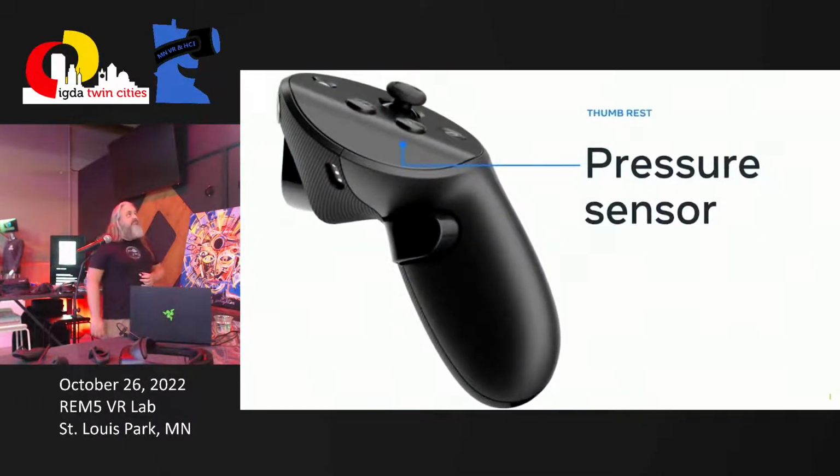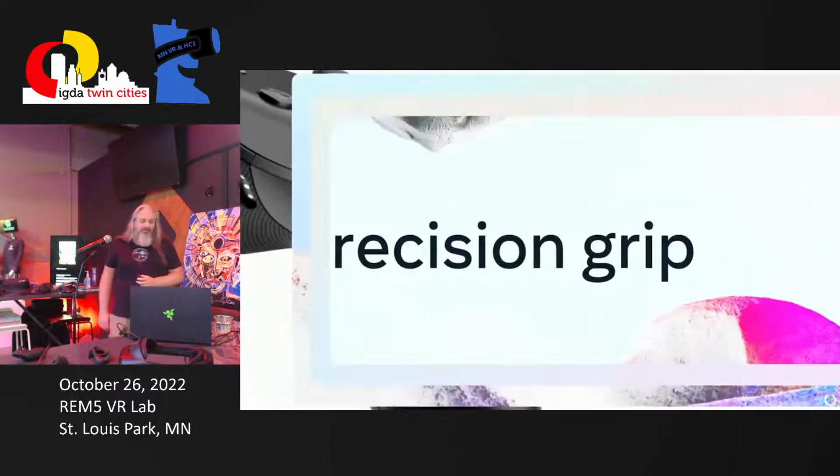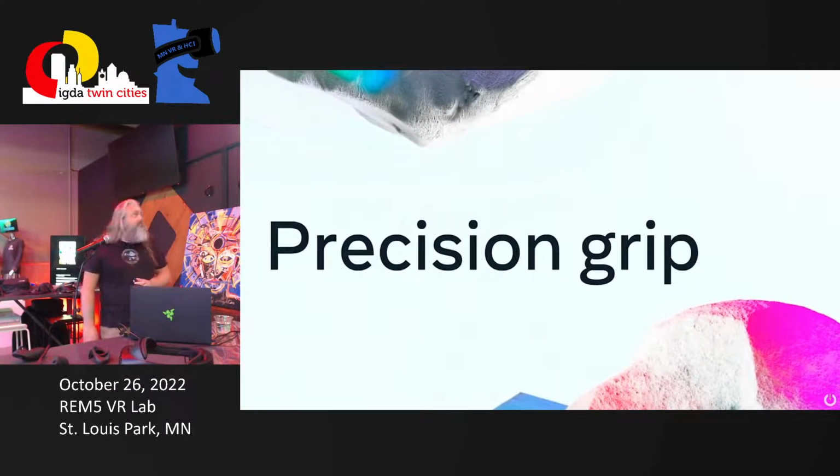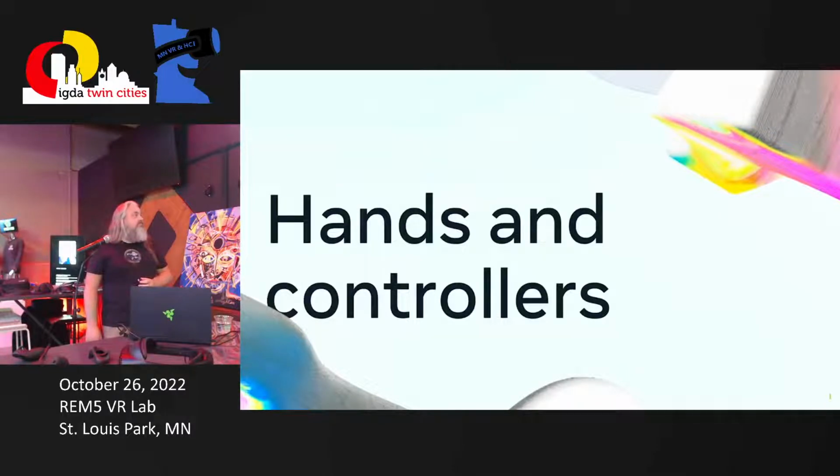The thumb rest is another area where we've added functionality to the Touch Pro controllers. In addition to the LRA haptic device, the thumb rest also contains a pressure sensor. When combined, input from the index trigger and thumb rest can be used to enable a precision grip interaction. Precision grip enables a natural and intuitive pinch interaction in VR. In addition, precision grip also enables a secondary interaction of applying pressure to held objects. It's also possible to enable simultaneous tracking of hands and controllers.